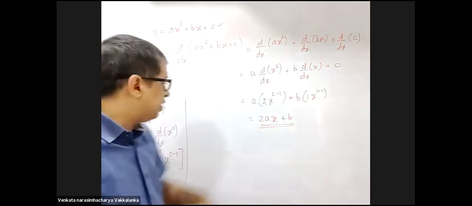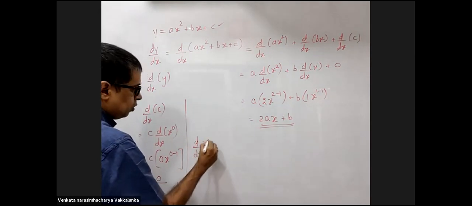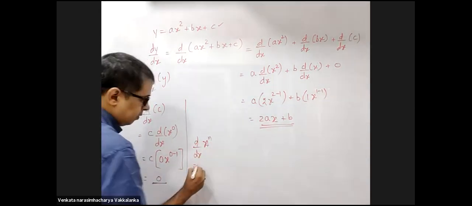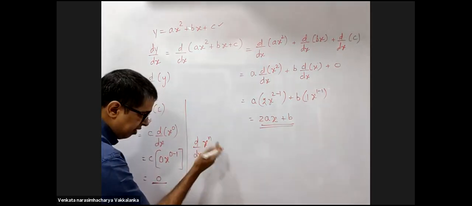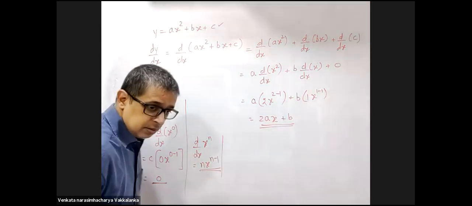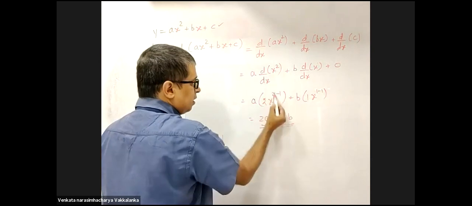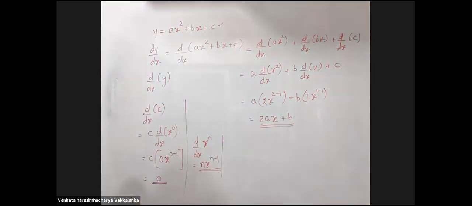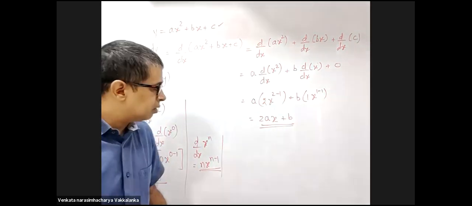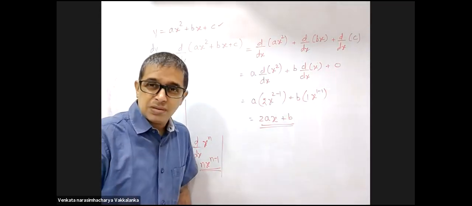What is the formula for d by dx of x to the power n, which we just derived? N x to the power n minus 1. Yes or no? Yes. N x to the power n minus 1. Sir, how did you find n is equal to 2? Well, it's x square.